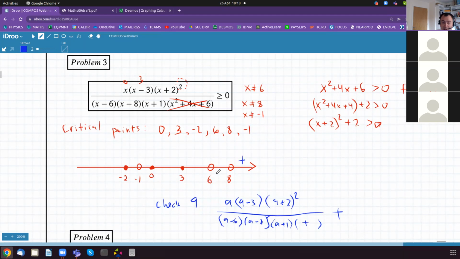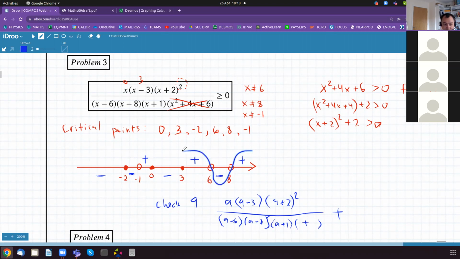On this interval, you can check 7. You can do it yourself, but it will be negative because the function changes sign. Positive, negative, positive, negative, and negative again, because at -2 the function does not change sign. And now we draw a peculiar line. Hopefully you will appreciate it.